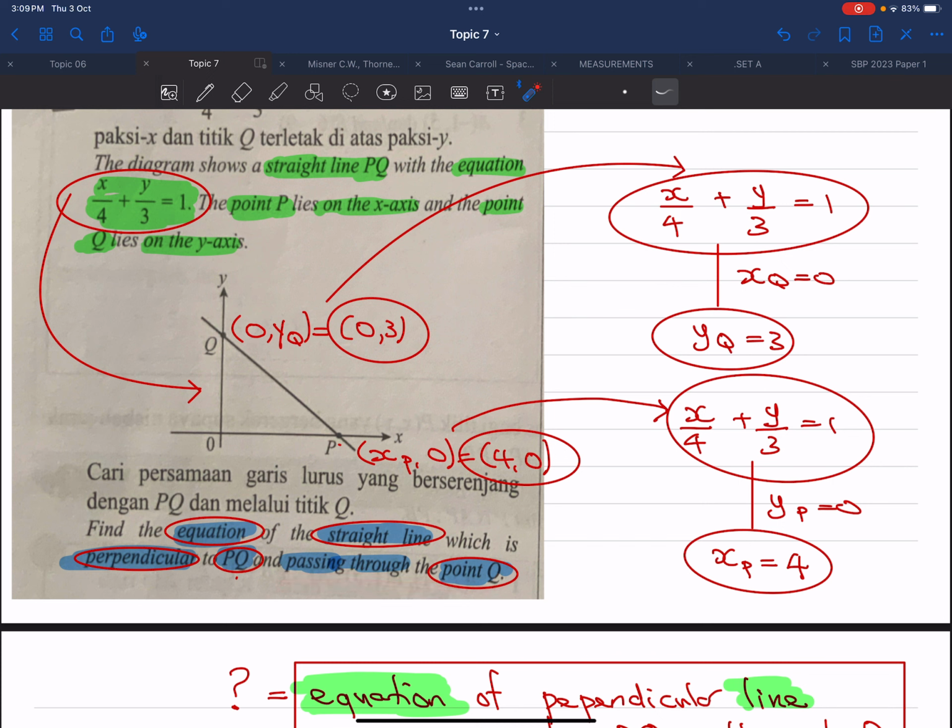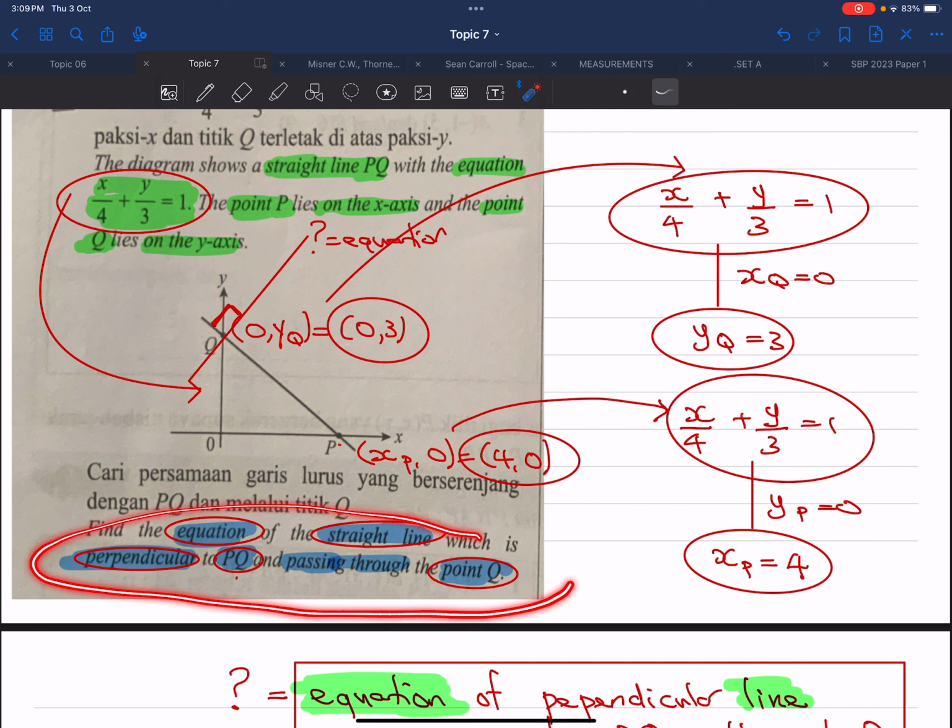I'm going to draw this straight line into the diagram. The line that they are asking about, I've drawn in the diagram and put a question mark.